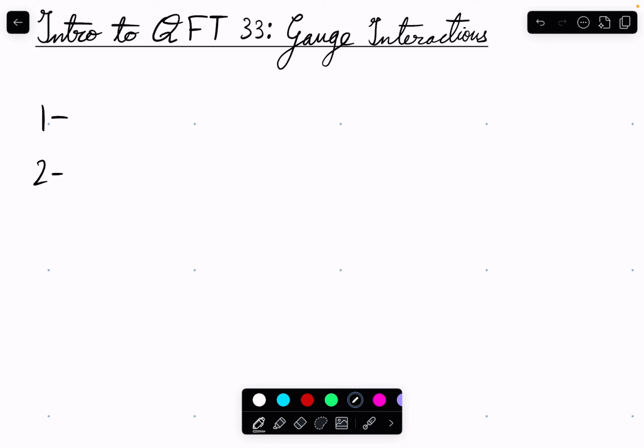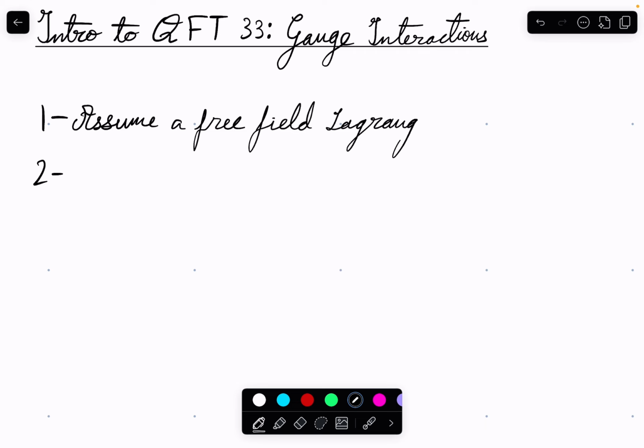The first is you assume a free field Lagrangian, and this can be a free field for spinors or scalars.